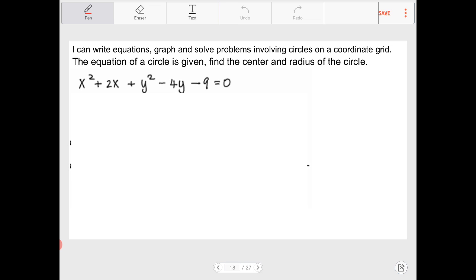Okay, next question. I have x squared plus 2x plus y squared minus 4y minus 9 is equal to 0. The equation of a circle is given, but it doesn't really look like the equation of a circle. What we want to do is find the center and radius from here.